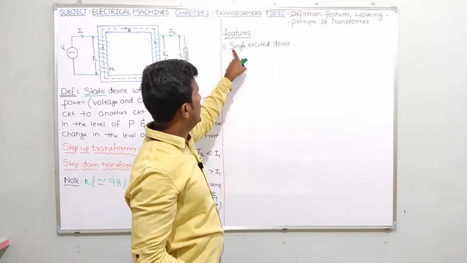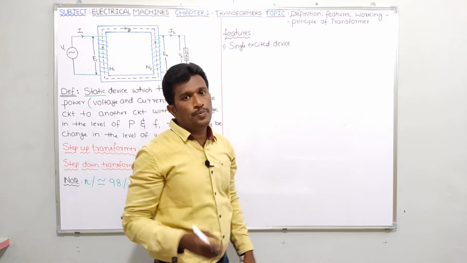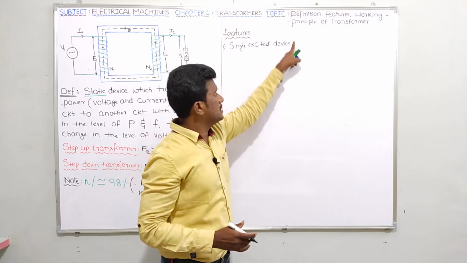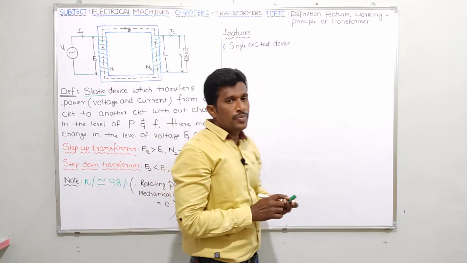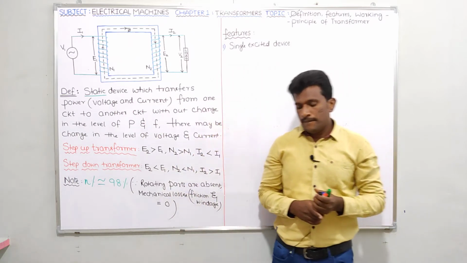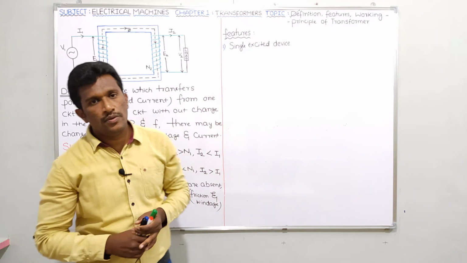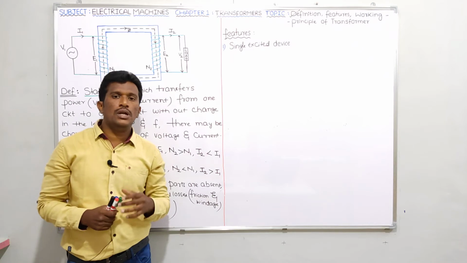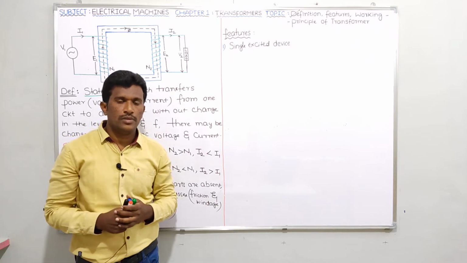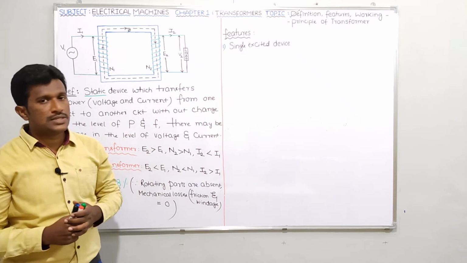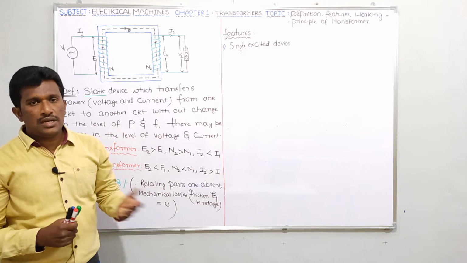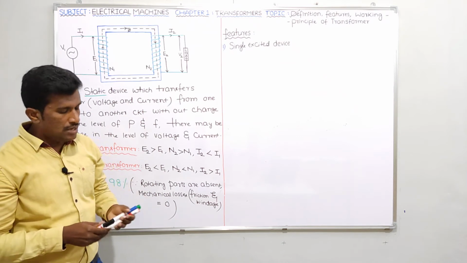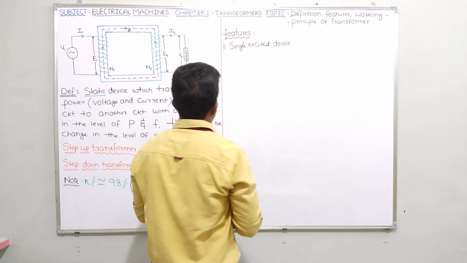Since by using only one external voltage source, any number of windings can be energized. That is the reason. Any number of windings can be energized. Is it clear?